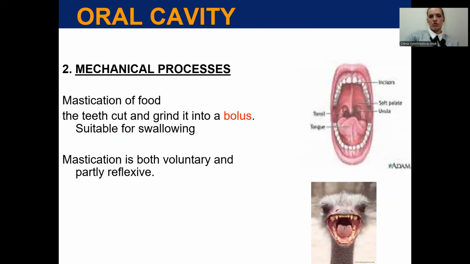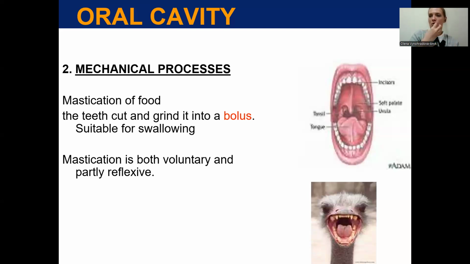Mechanical process in the oral cavity. Here we are talking about mastication of the food: the teeth cut and grind it into a bolus. Because we name it food when it's on the plate.